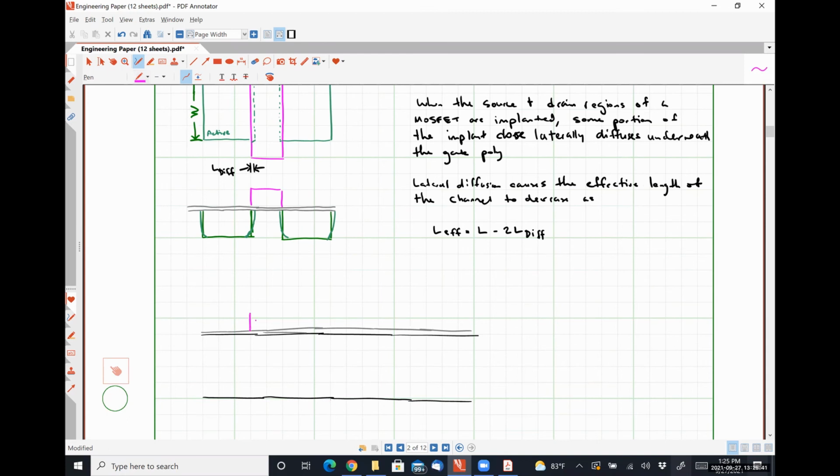And I'll put some undoped poly here and some undoped poly over here. I'm trying to form, excuse me, a PNP transistor on this side. This guy right here is N-well.